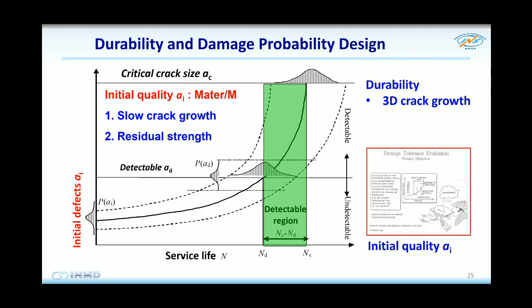So the damage tolerant design should have a wide enough detectable region, from a detectable crack of millimeter size and up. So that is hard to occur in this kind of critical fatigue structure.